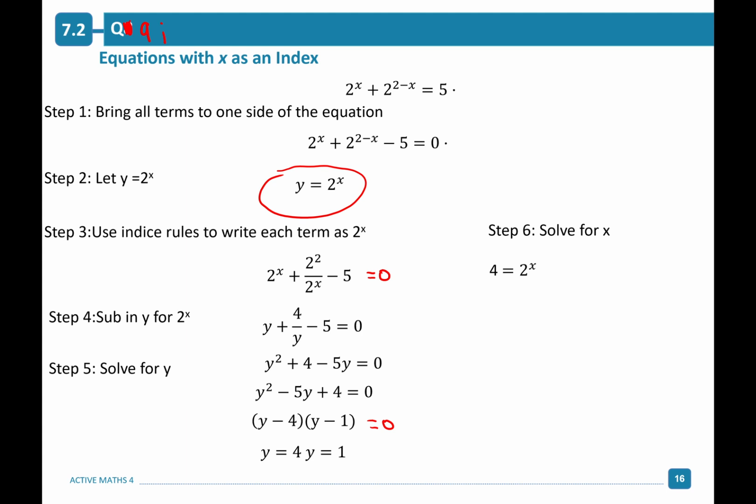To solve for x as an exponent, both terms must have the same base. 4 is the same as 2 squared. 2 squared equals 2 to the power of x. To solve for our exponents, we equate our indices, and we get 2 is equal to x.